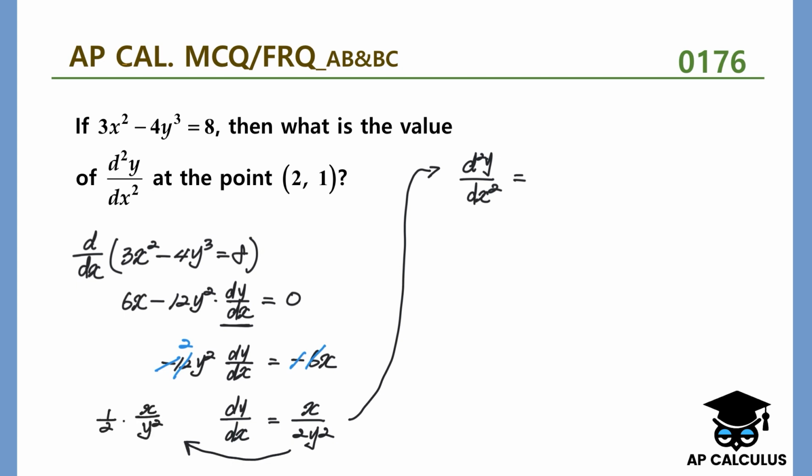So when a constant is multiplied, leave it alone and apply the quotient rule to this. So denominator squared, y to the 4. Low d high, low derivative of high minus high derivative of low. So the derivative of y squared is 2y times dy over dx, right?